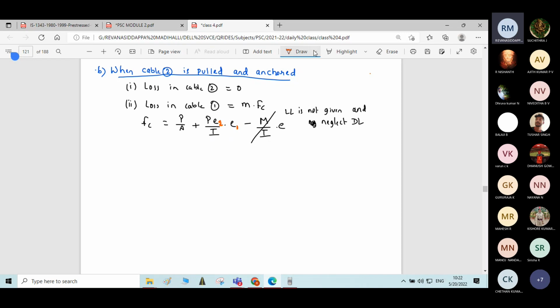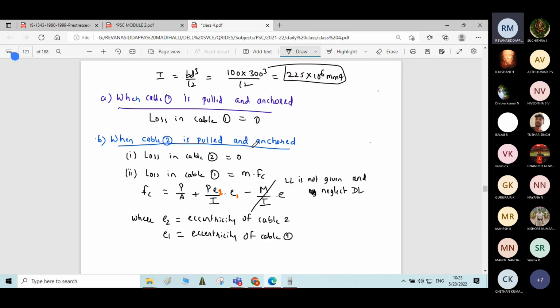Here below you can write where e2 is equal to eccentricity of cable 2 and e1 is equal to eccentricity of cable 1.